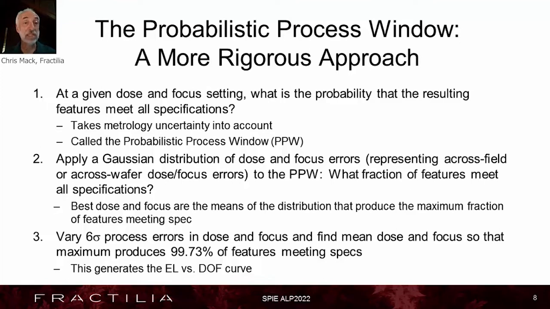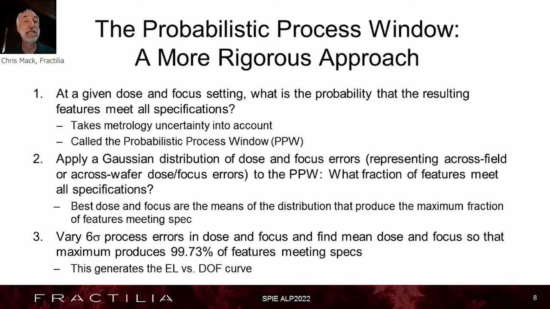So, given this Gaussian distribution centered at a particular point, we ask ourselves, and we perform the calculation, what is the fraction of features that meet all specifications? We do this for every single dose and focus value. The best dose and focus are going to be the means of that distribution that produce the maximum fraction of features meeting spec, because after all, that's what we really want on the wafer, the maximum of features printed on our wafer that meet specs.